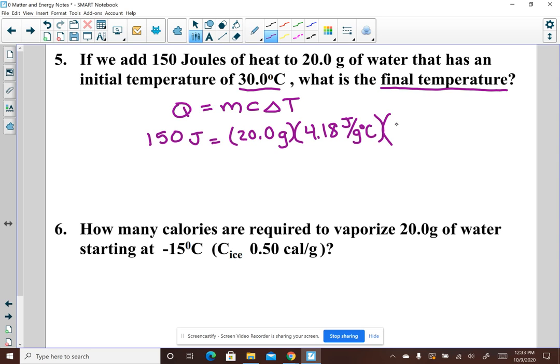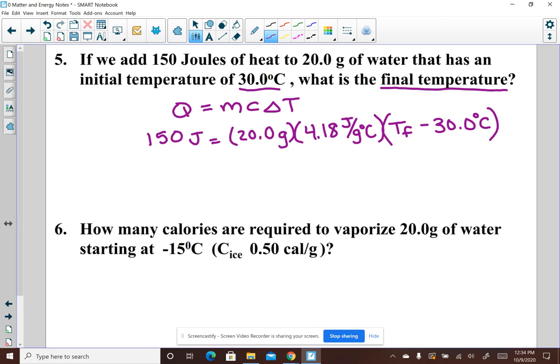So the final temperature is what I don't know, and I'm going to minus the initial. Okay, so here heat was being added, my final temperature should be higher than 30. If you flip around your subtraction, the final answer that you would get for temperature would be lower than 30. So that wouldn't really work out. So just make sure you do it that way.